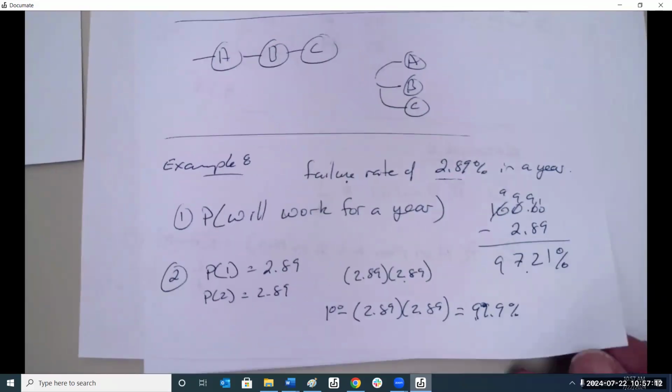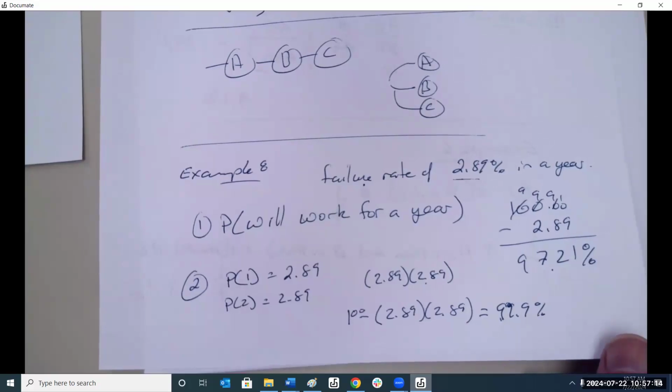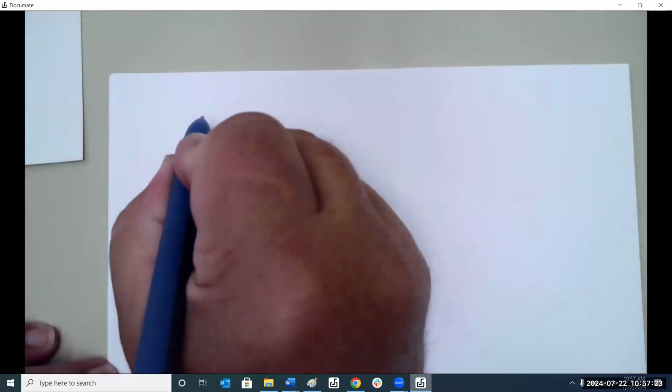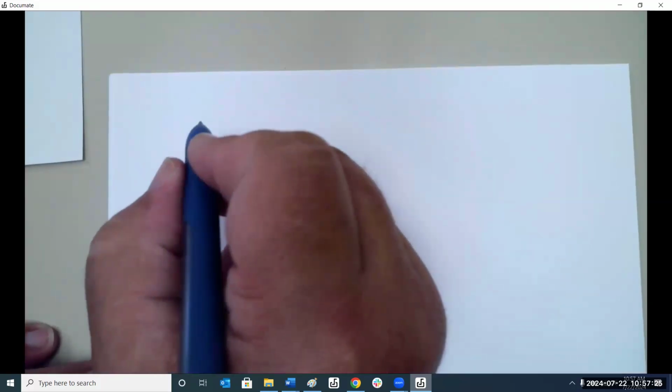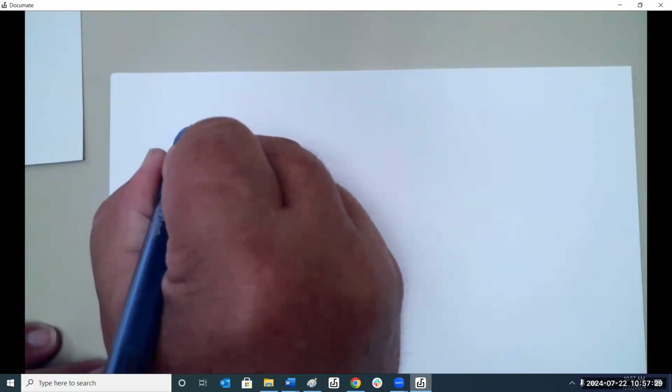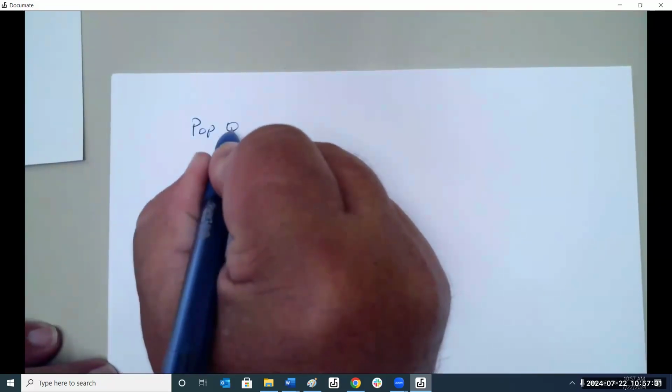Another way we can represent our outcomes, because these are just numbers of probabilities. How can we visually see what outcomes are possible? Let's look at this one example here in the rationale. We have a pop quiz.